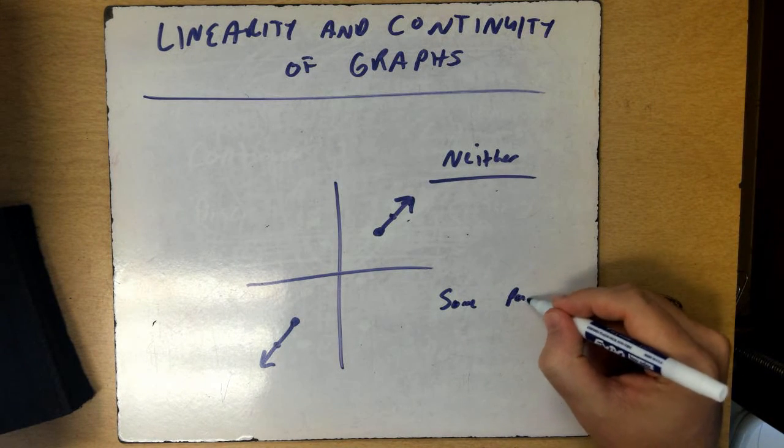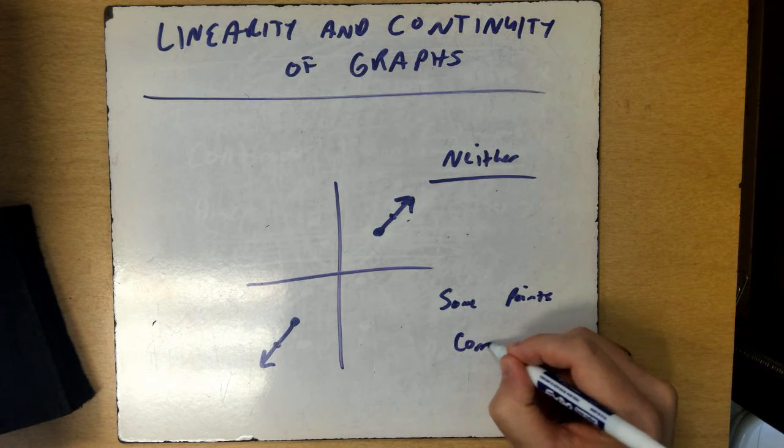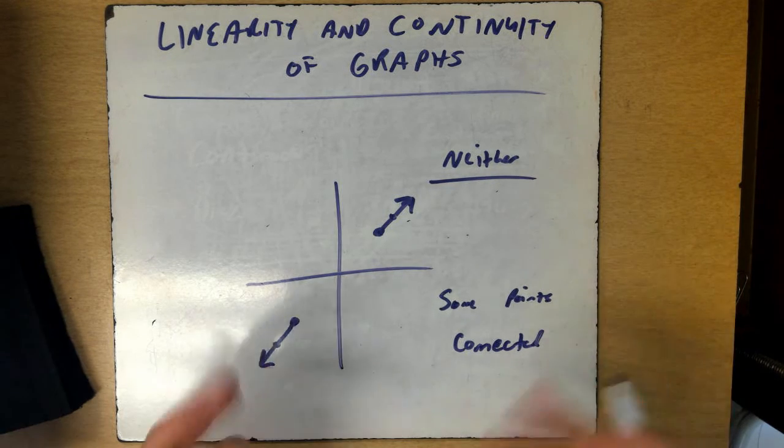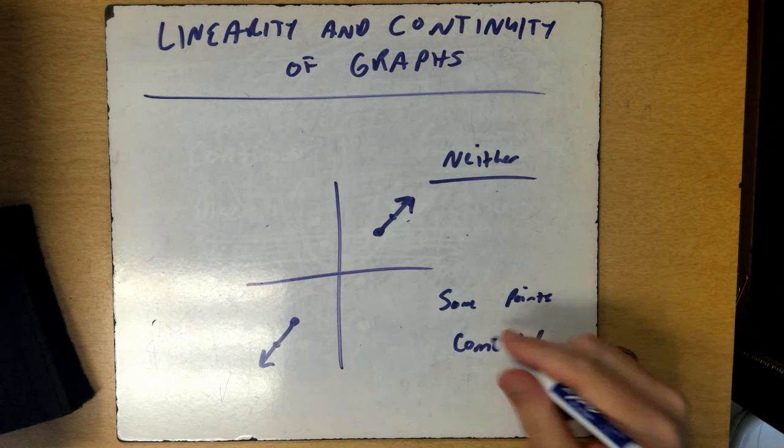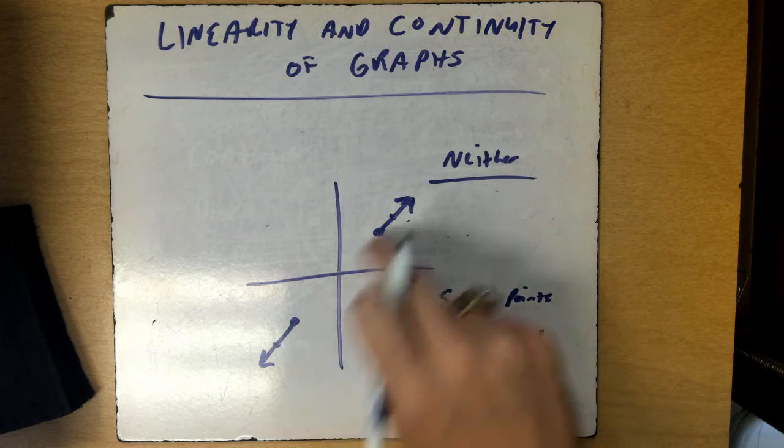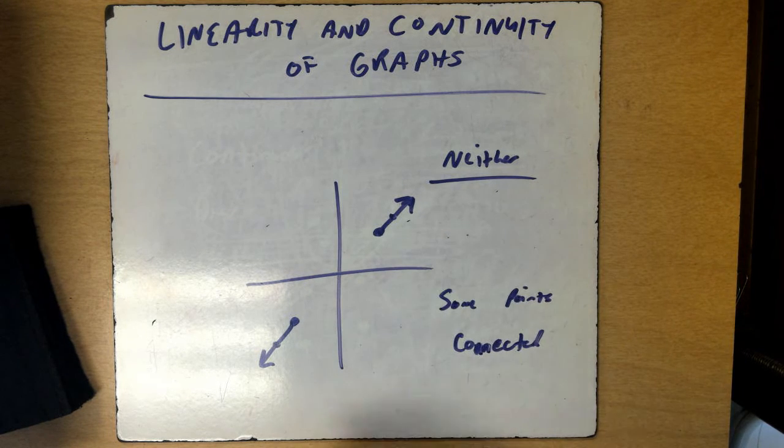Some points connected, right? Some points are connected on here, but not all of them. So that would be neither. So continuous, discrete, neither. That would be your three cases, okay?